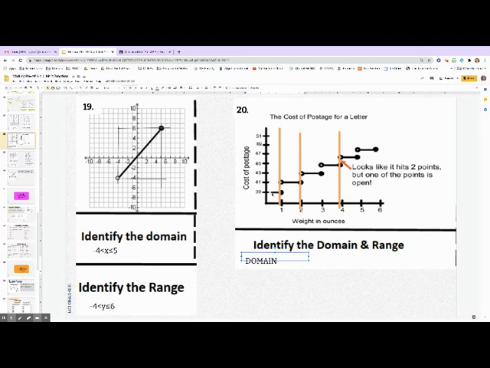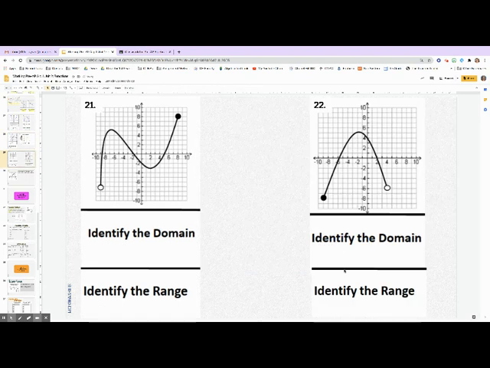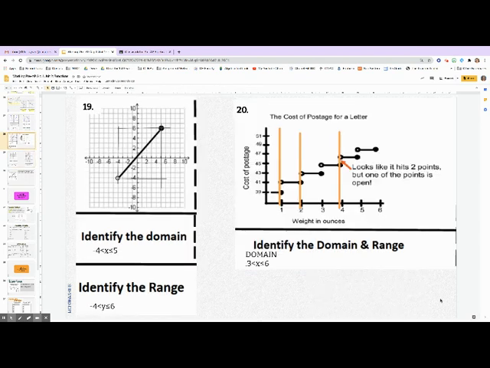Or should we do 0.3? So it goes from 0.3, where it is included, all the way to 6, and 6 is included. And we want the less than or equal to sign. 6. Oh, switch.